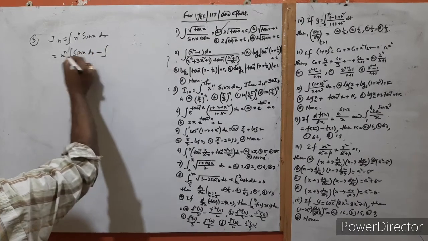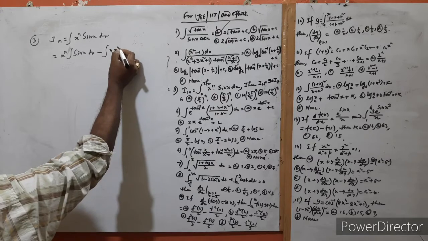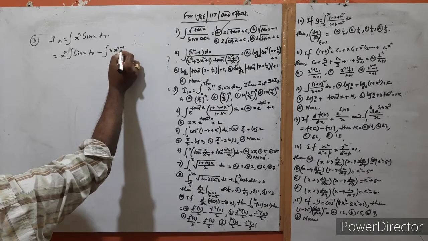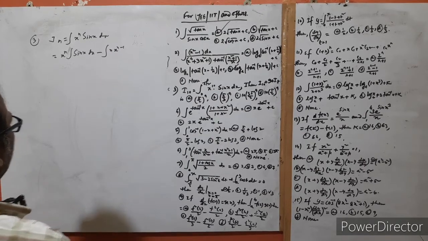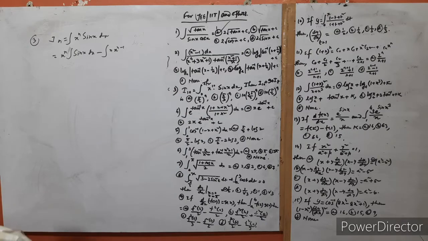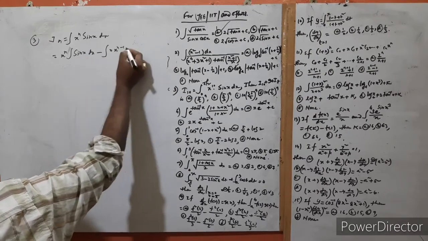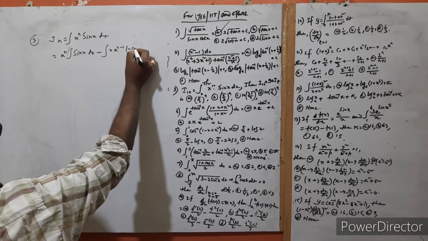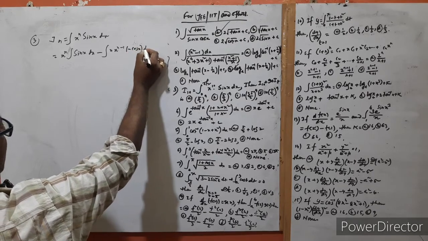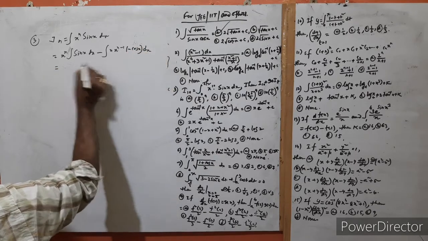If we differentiate this, we get n into x to the power n minus 1. Now if we integrate sin x, we get minus cos x. This is the u into v method.